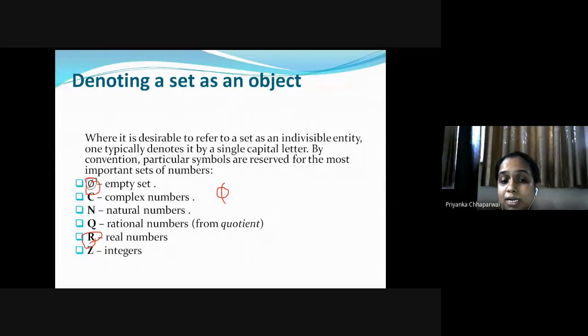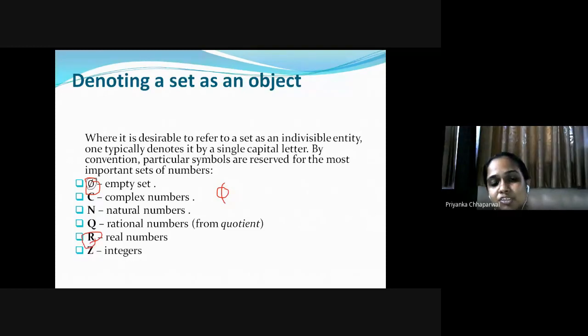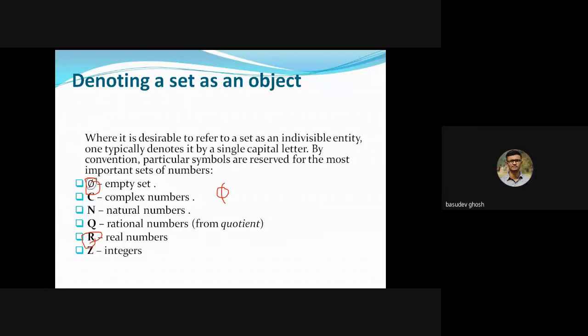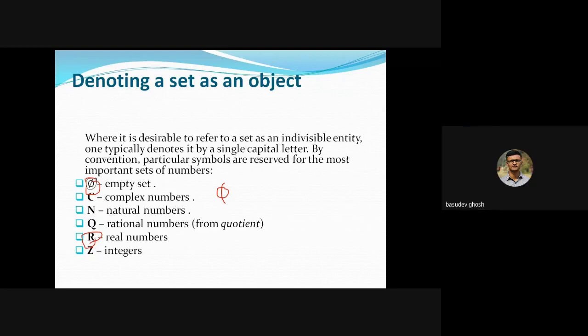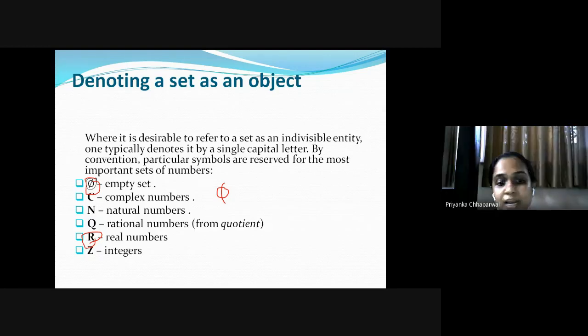Then what are integers? First of all, define what an integer is. Integers are the numbers from minus infinity to plus infinity, including zero, but rational numbers are not there.